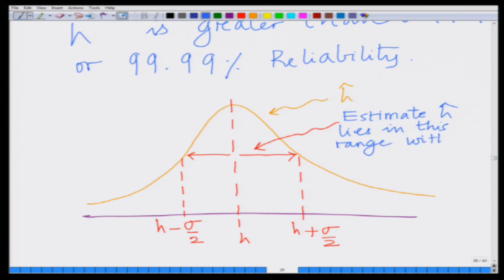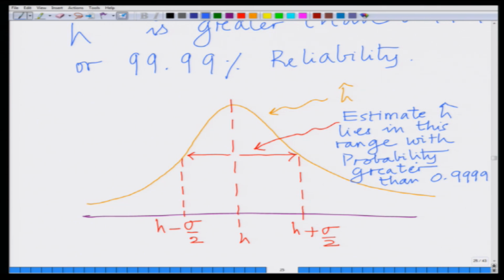with 99.99% certainty, that is, lies in this range with probability greater than 0.9999.